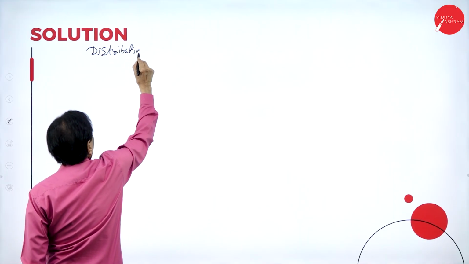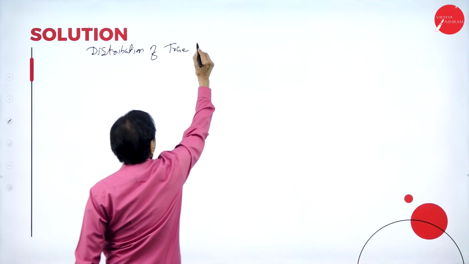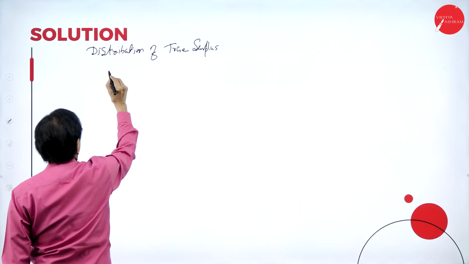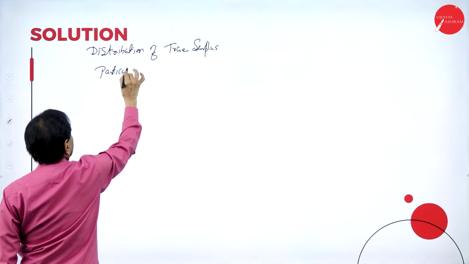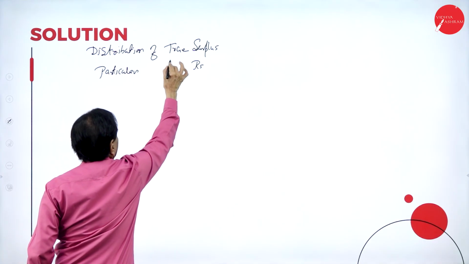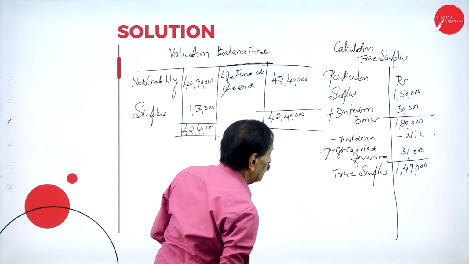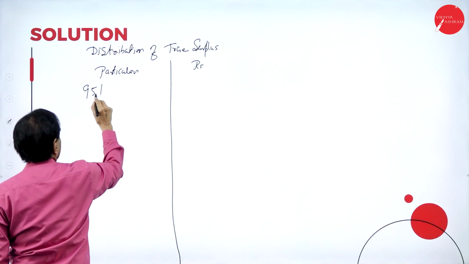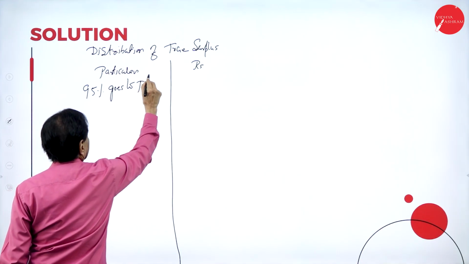Distribution of true surplus. Particulars, rupees. What is your true surplus? 1,49,000. 95% goes to policyholders.